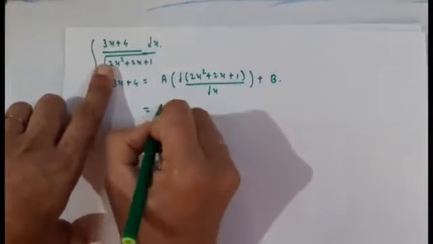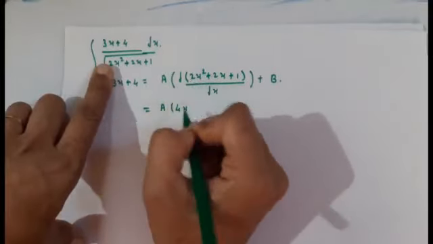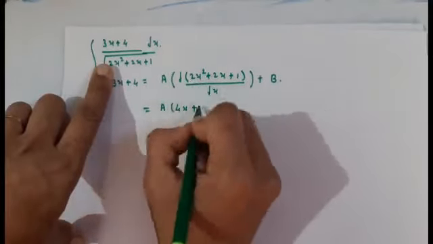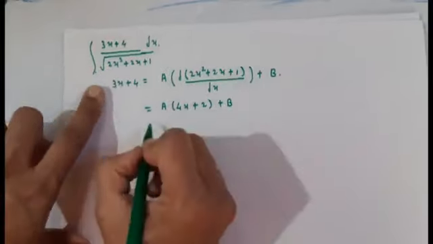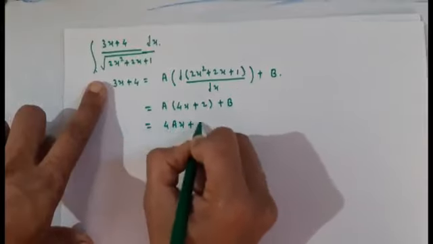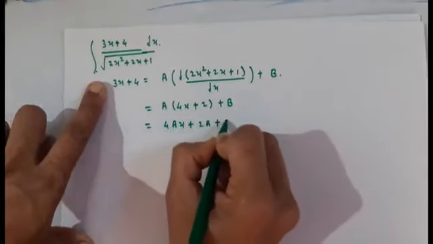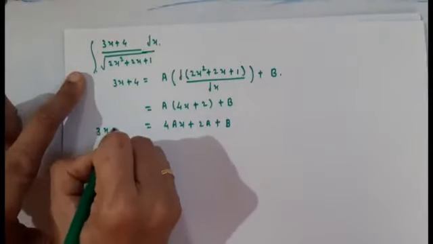The derivative of the term is 4x: 2x square differentiation is 4x, plus differentiation of 2x is 2, plus b. This is equal to 4ax plus 2a plus b, compare with 3x plus 4.